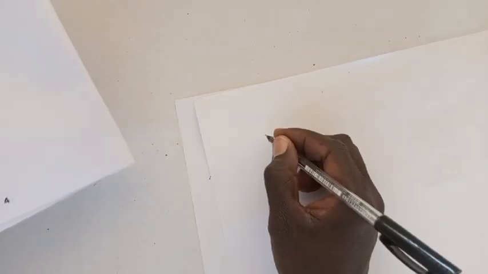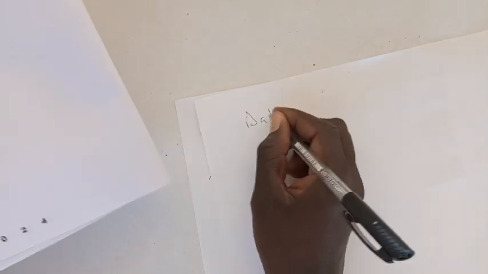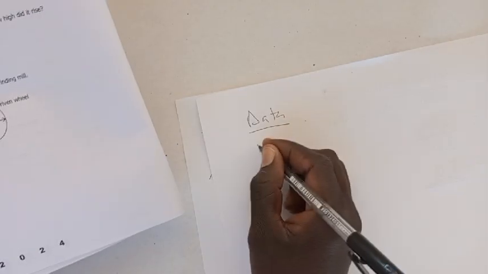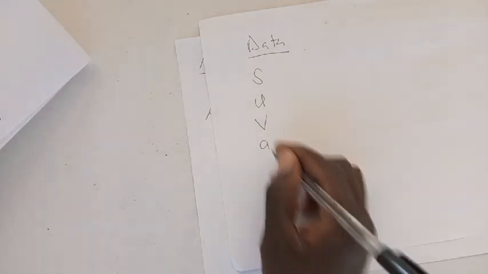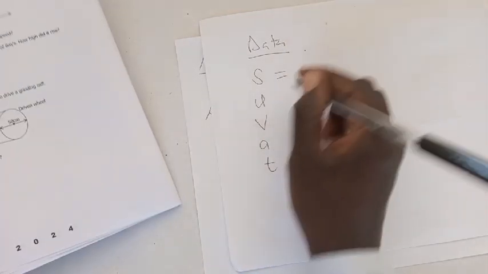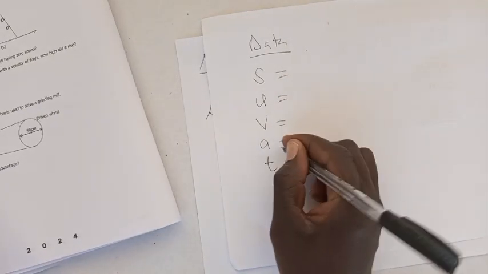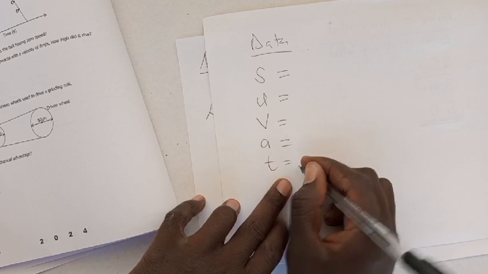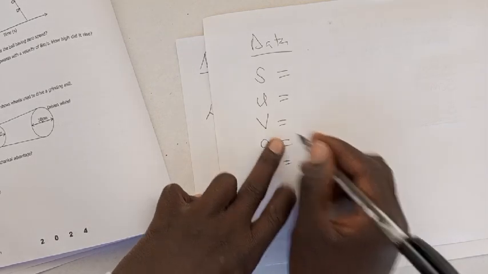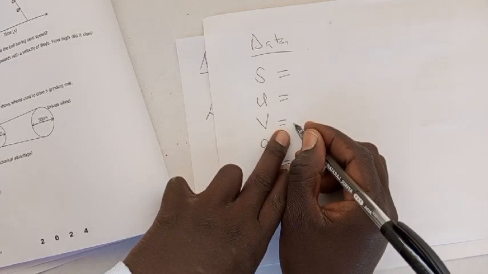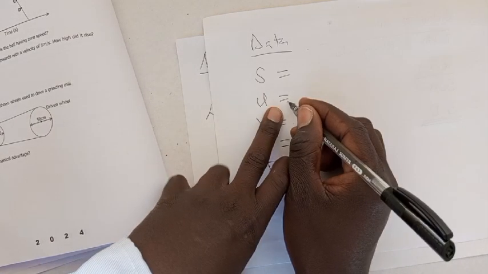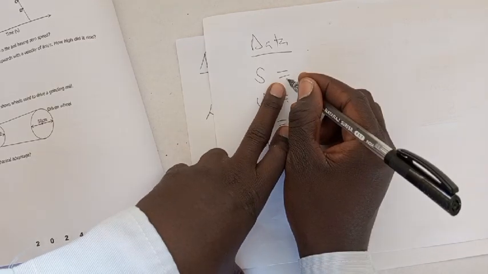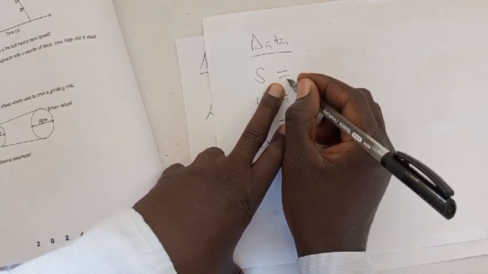So when you're given such questions, one thing you need to understand is first you need to come up with the data. Now, normally I do this. For these questions, I have what I call SUVAT. What do I mean? SUVAT, T for time taken, A for acceleration, V for final velocity, U for initial velocity, S for distance or displacement.